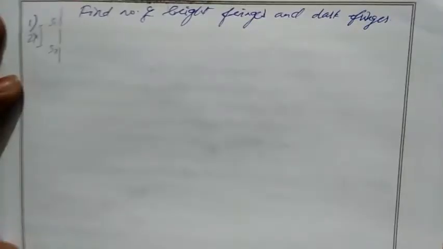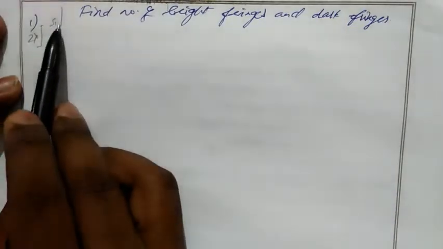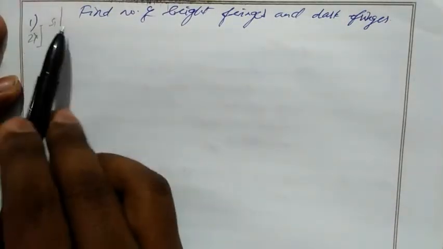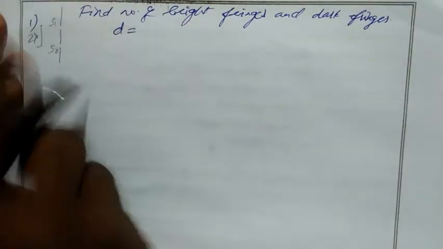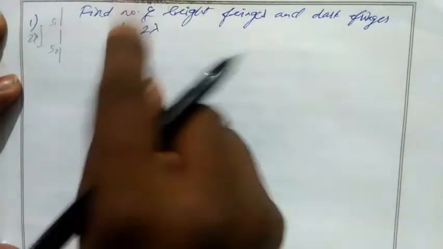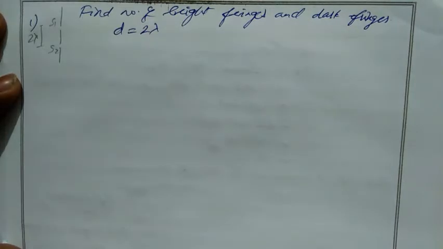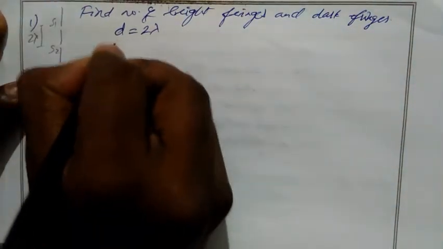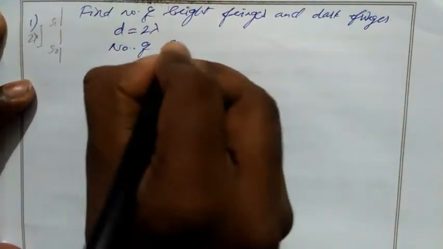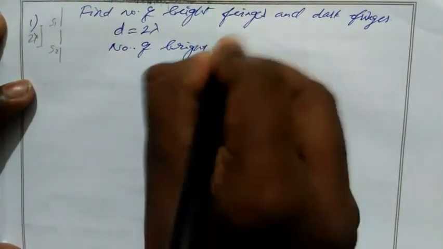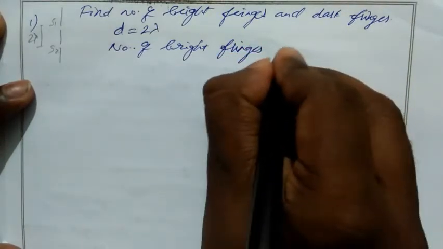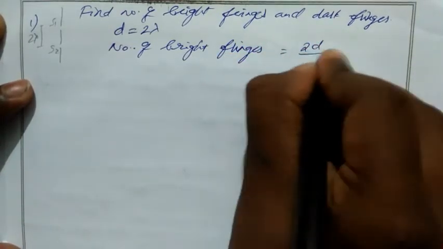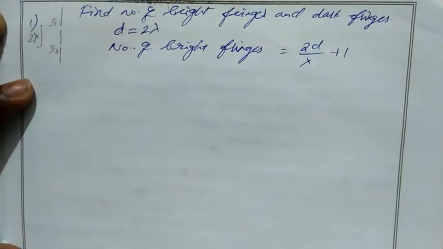Clear? In the first problem, it is given the distance between S1 and S2. What is the distance between S1 and S2? That is small d. So small d is given as 2 lambda. We have to find the number of bright fringes and the number of dark fringes. For the number of bright fringes, the formula is 2d by lambda plus 1.